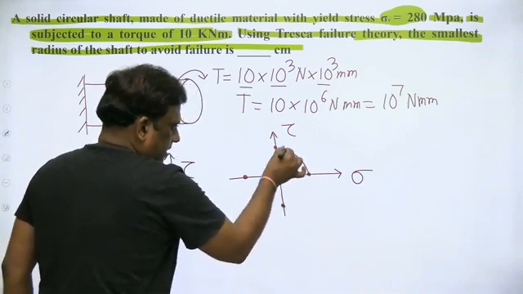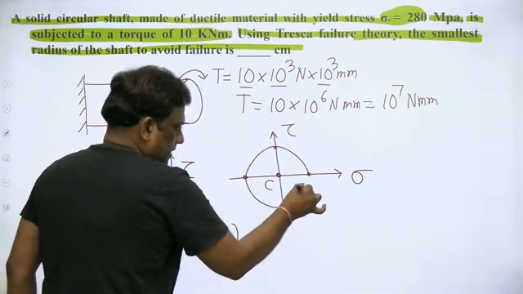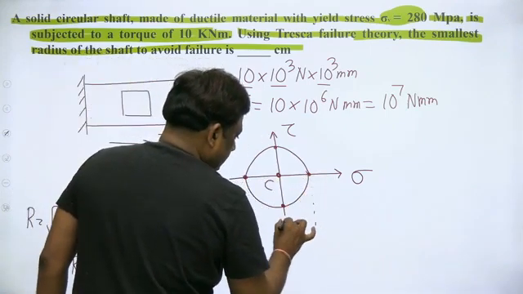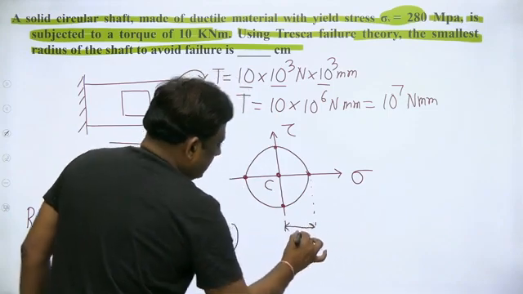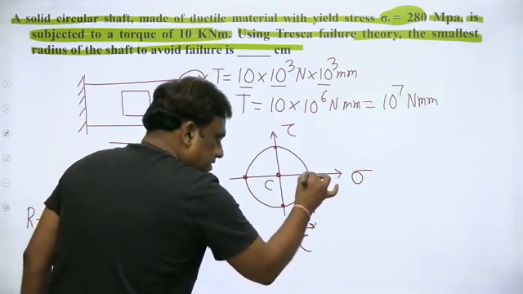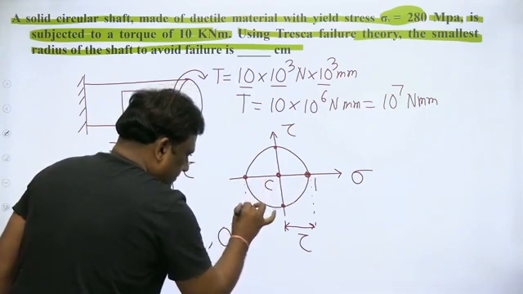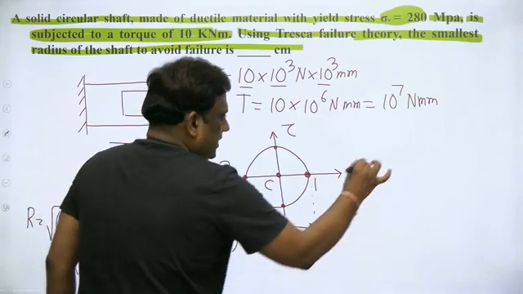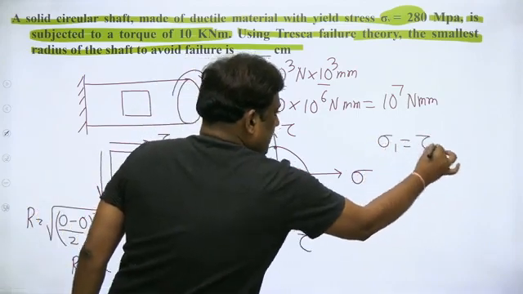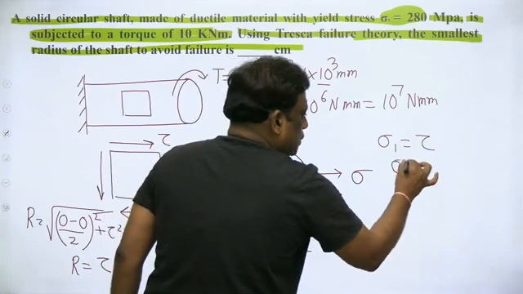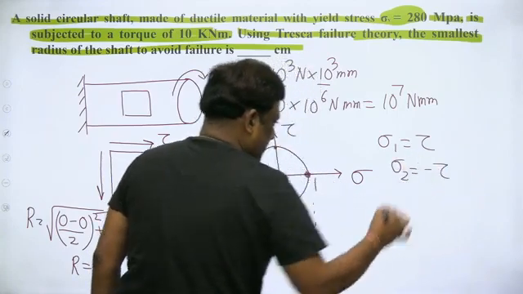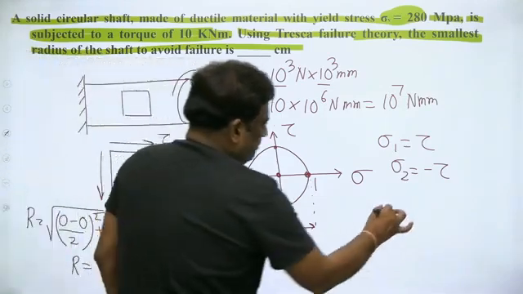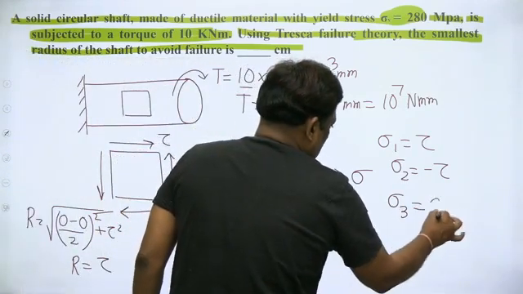So this is our Mohr circle, and the radius is nothing but this is tau, and this is the major principal stress, this is 2, and this is minor principal stress. So sigma 1 is the major principal stress, tau, and sigma 2 is minor principal stress, that is minus tau. The point to be noted here, sigma 3 is 0. Okay.